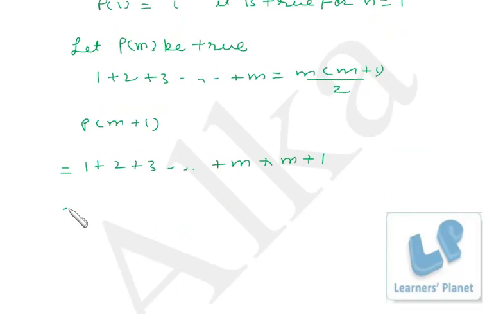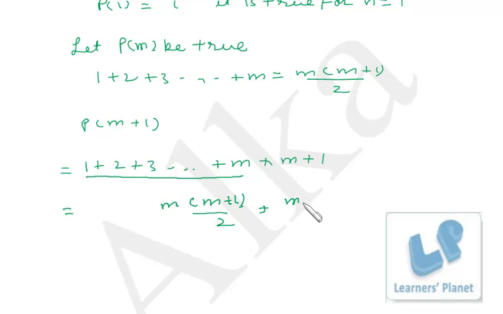Now 1 plus 2 plus 3 till m is m(m plus 1) by 2, that we can take from here. Since we have already assumed that Pm is true, 1 plus 2 plus 3 till m is m(m plus 1) by 2.